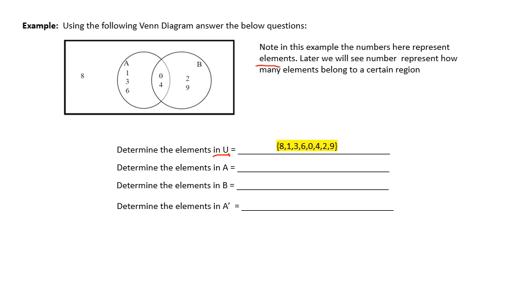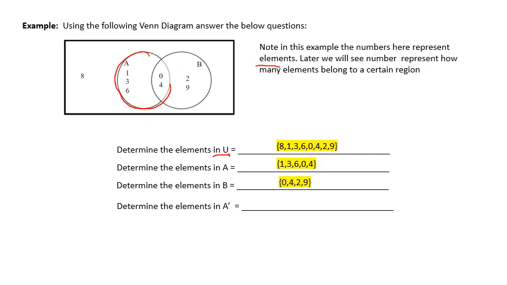Can you determine the elements in A? The elements in A are those that are contained in the circle associated with A. And those elements are 1, 3, 6, 0, and 4. Can you determine the elements in B?